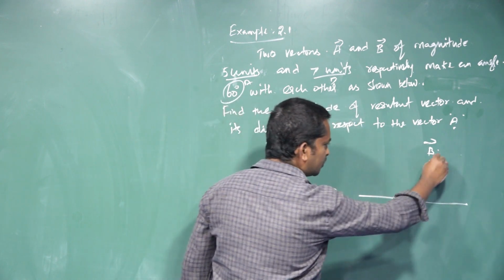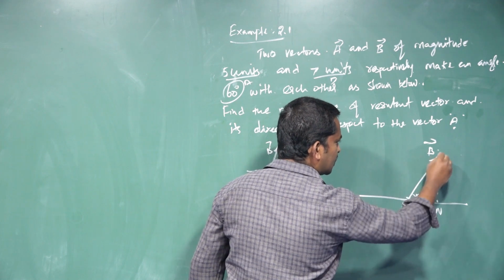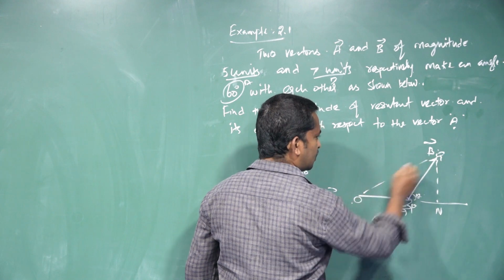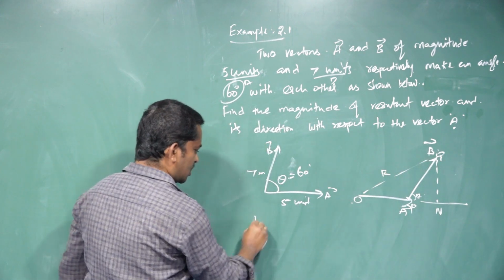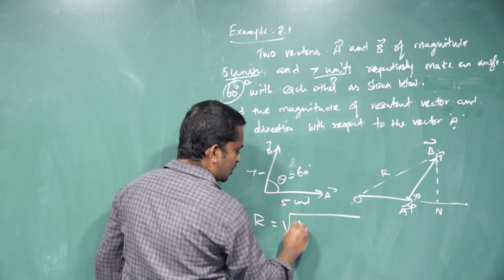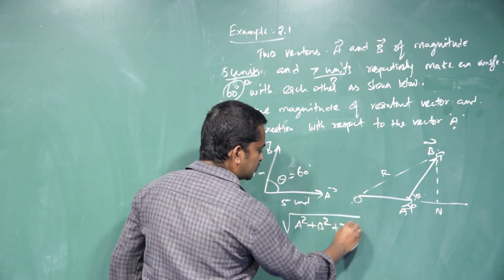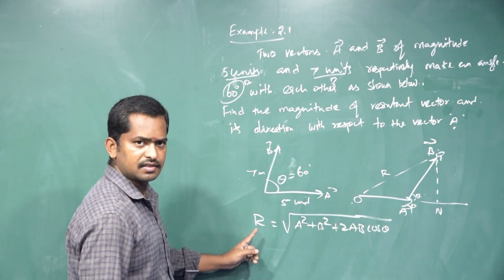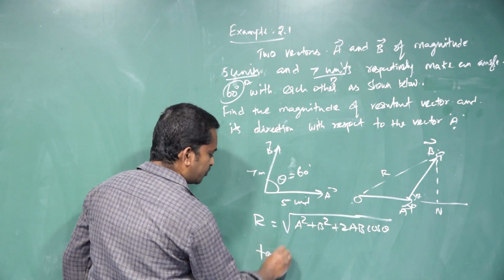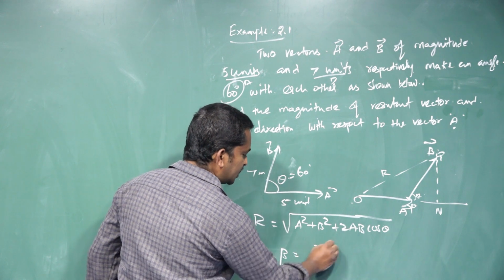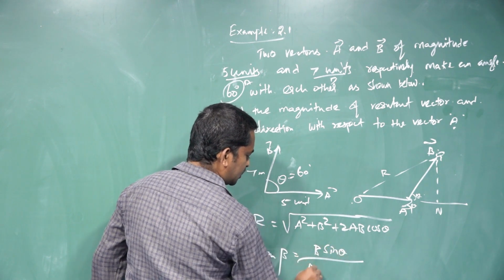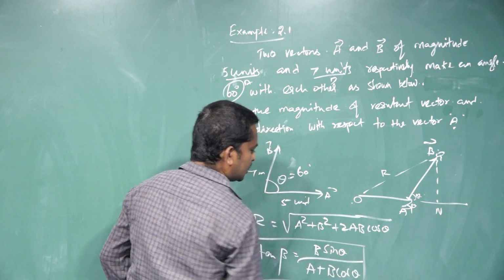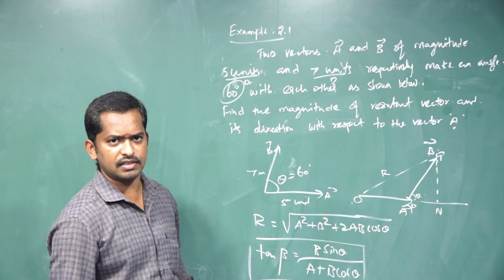This is the resultant vector, and you know the formula: R is equal to the square root of A square plus B square plus 2AB cos theta. Substitute the values and you get the final R value. And tan beta is equal to B sin theta divided by A plus B cos theta. Get the beta value. This is example 2.1. This is your homework. Please practice it. Thank you.